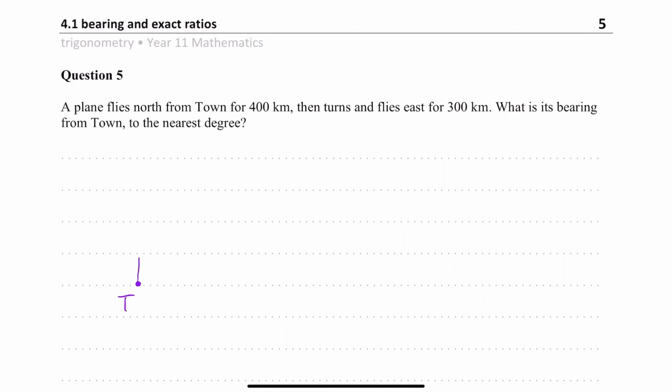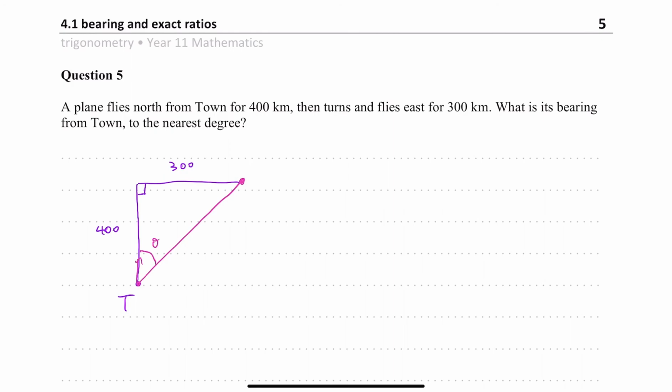We're going north for 400 kilometers, and then you turn and fly east for 300 kilometers. What is the bearing from the town? Oh, very easy question. From the town, this is already north, and this is where you are now. So just what is this angle?